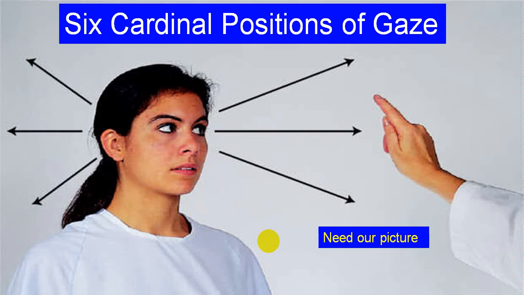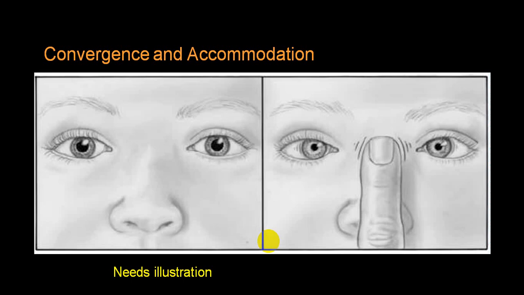You check for individual eye, you check for both eyes together, we call it binocular vision. And this will be dealt with in the 3rd, 4th and 6th cranial nerve. Then we always look simultaneously for convergence and accommodation response. This is also very important because this will also have an effect on field of vision. So this also will be dealt with in the 3rd, 4th and 6th cranial nerve.